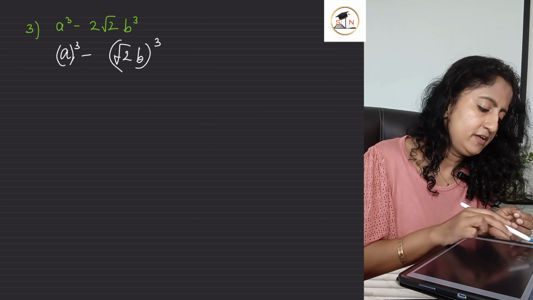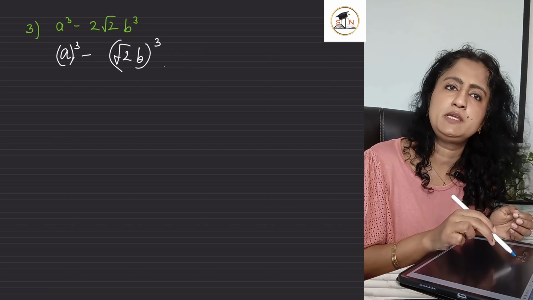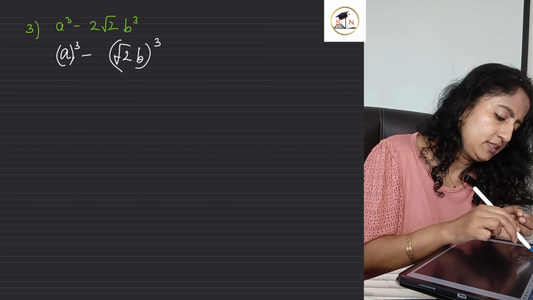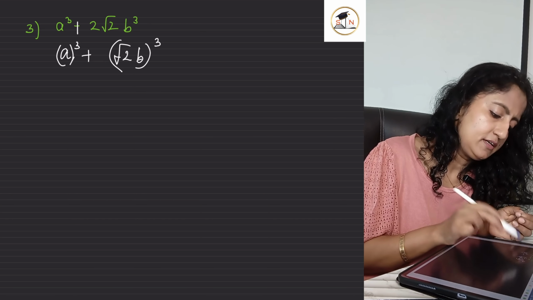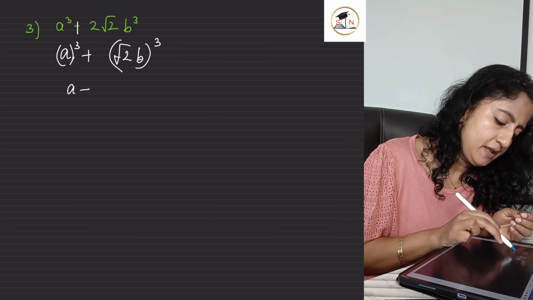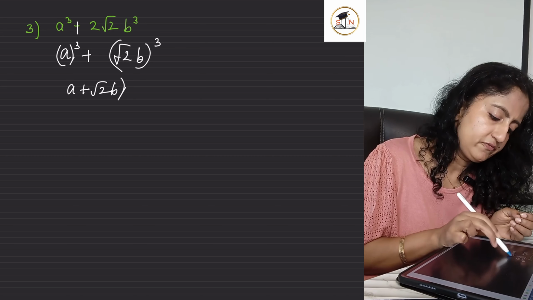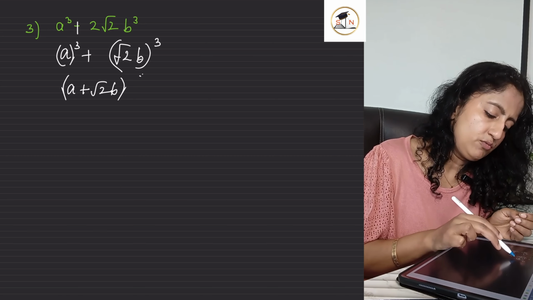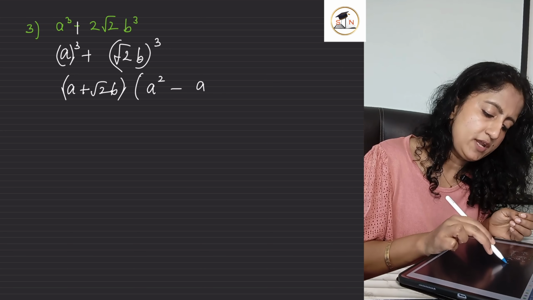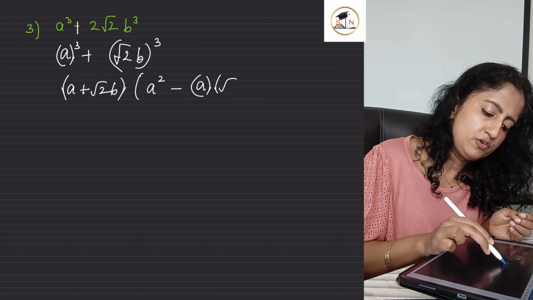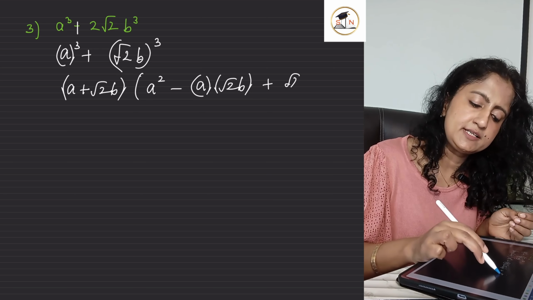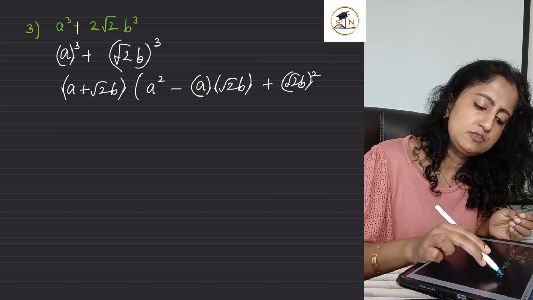So what we have? We have got a cube plus b cube, right? So what do we do now? Okay, this should have been plus, right? So what do we get now? We have a plus root 2b, right? And what next? a square minus ab, so a into root 2b, plus b square, that is (root 2b) square.